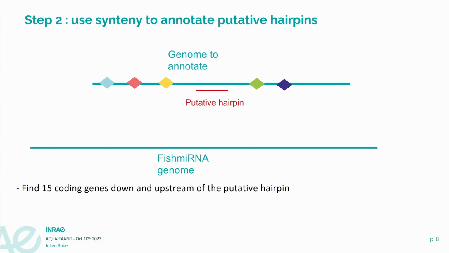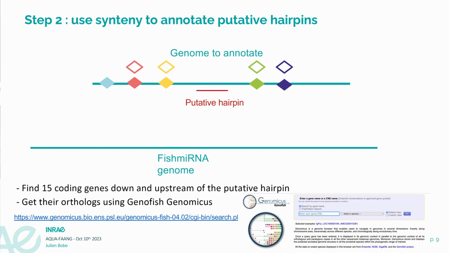So, this is our new genome with a putative hairpin, and we take 15 coding genes downstream and upstream of the hairpin. Then we look for their orthologs in fish using the Genomicus website, in which we have many species, and that's also available to everyone.